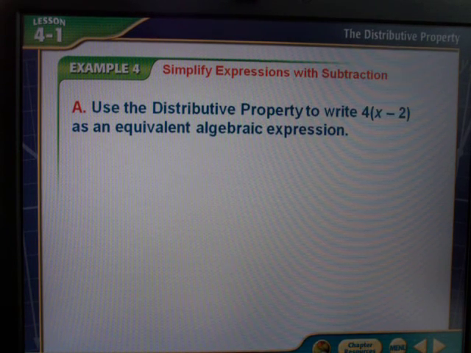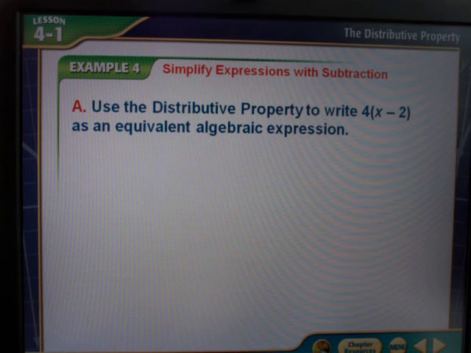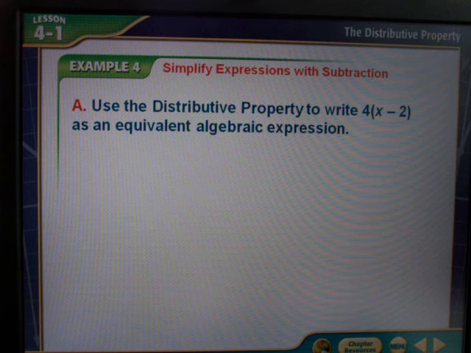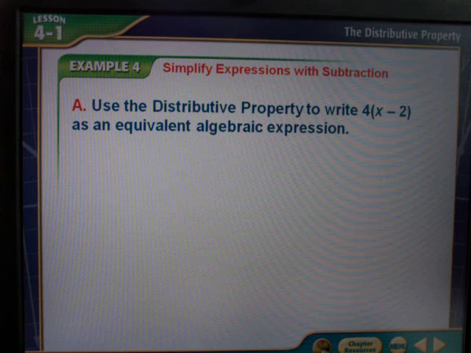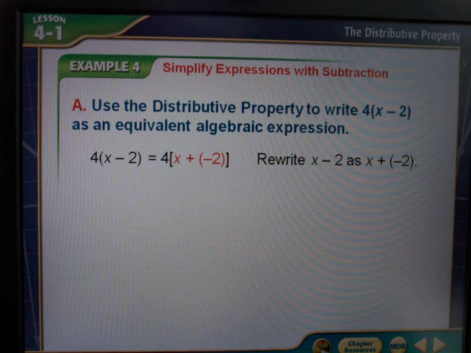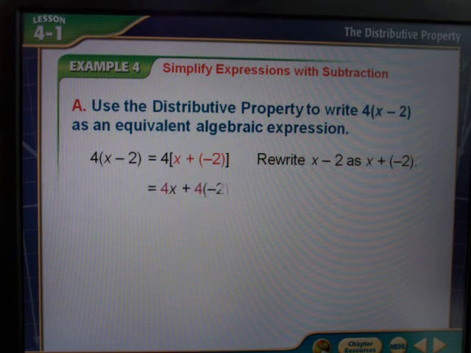Now we're going to use the distributive property to write 4 times x minus 2 as an equivalent algebraic expression. Nothing is going to change whether we are using addition or subtraction. Just pay attention to what you're doing here. When we look at this, we have 4 times x and 4 times a negative 2.